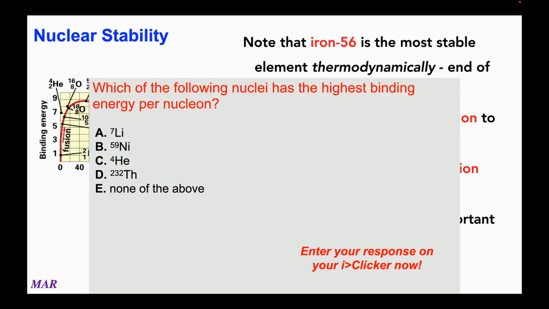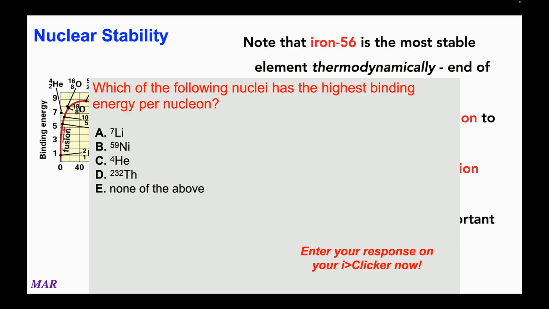So this is a question you might see. It says, which of the following nuclei has the highest binding energy per nucleon? And it lists lithium, nickel, helium, and thorium. This would normally be kind of a difficult question to answer because how do you know? You probably don't have a table of binding energies nearby, and it's hard to look up.